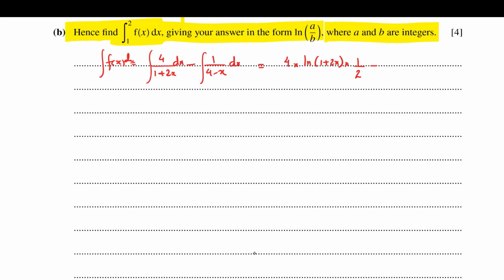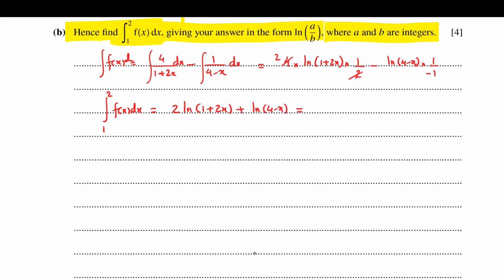Minus again ln(4 − x), and dividing by the differentiation of 4 − x, that is −1. So this will be cancelled, minus minus is plus, so the integral from 1 to 2 of f(x) dx becomes 2 ln(1 + 2x) plus ln(4 − x).